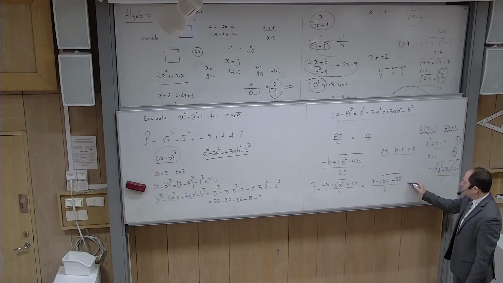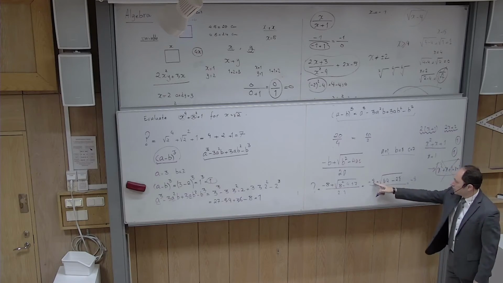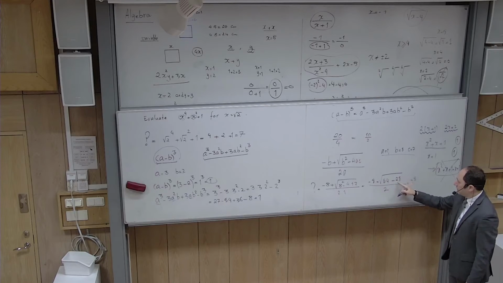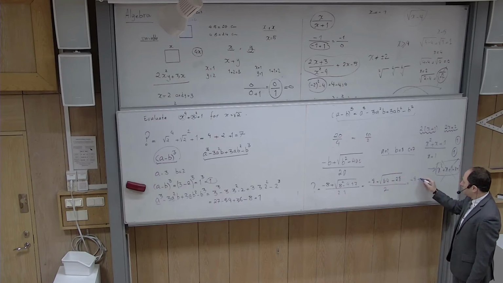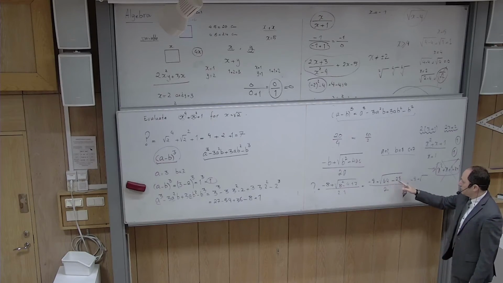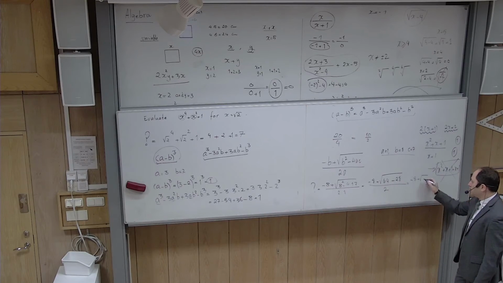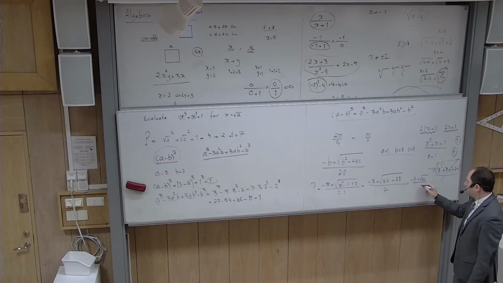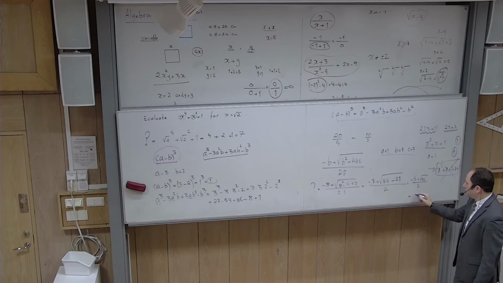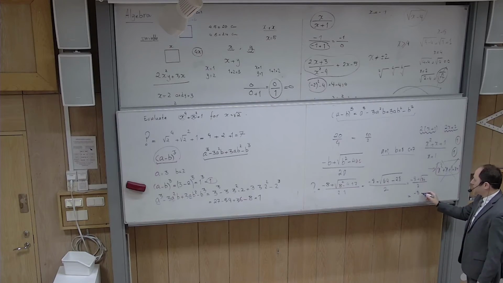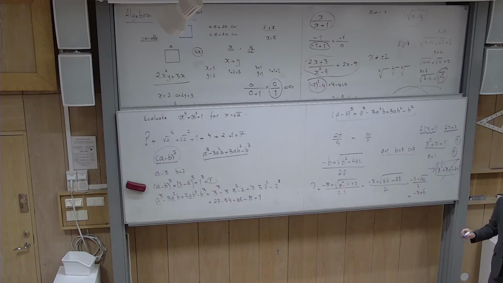And then we continue one more step. I have to copy and paste this one, but I have to calculate this first. So this becomes minus 8 plus square root of 64 minus 28. How much is that? 36. And then divided by 2. 36 is a good number, by the way, so the square root of 36 is 6. Should I write plus or minus 6 or just 6?